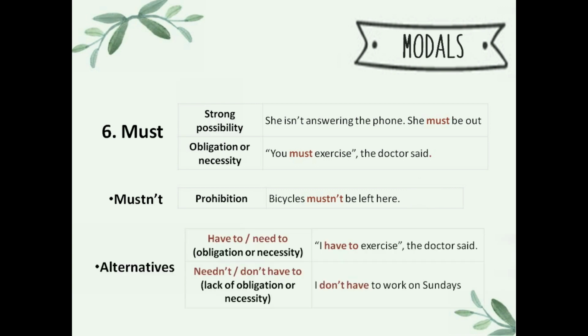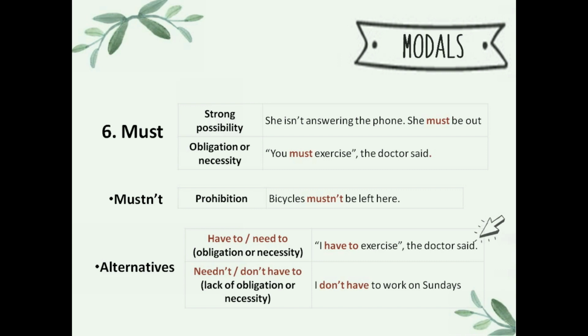And we need to know the alternatives for must and mustn't. In the affirmative, we've got have to or need to. They're very, very similar, and they are used to express obligation or necessity. So that'd be "I have to exercise," the doctor said, on the one hand.